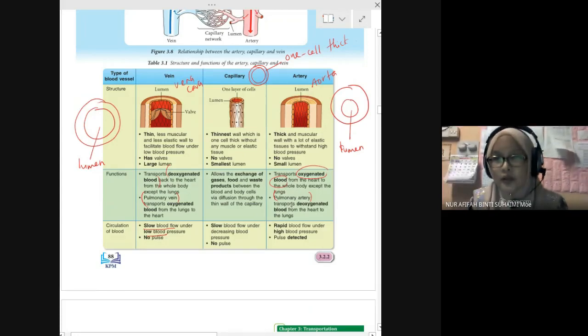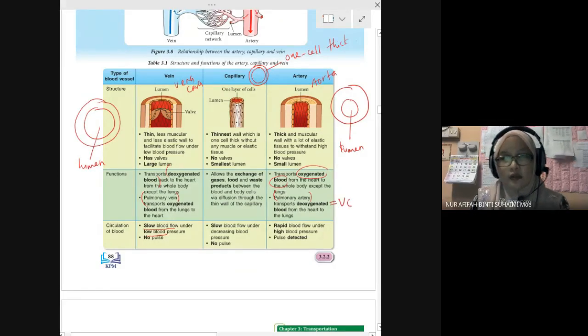Meanwhile, the pulmonary artery, what I mentioned before, is also an artery, but it transports deoxygenated blood. Even though it is an artery, it transports deoxygenated blood together with the vena cava.